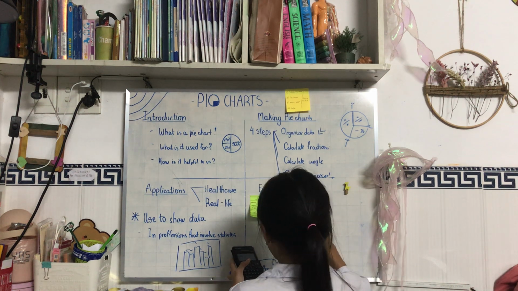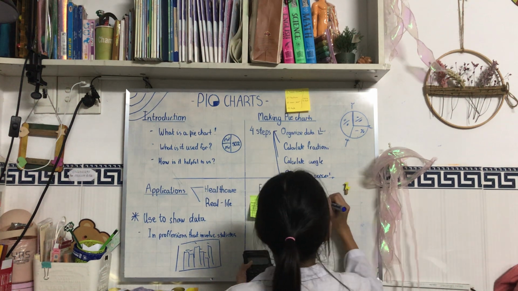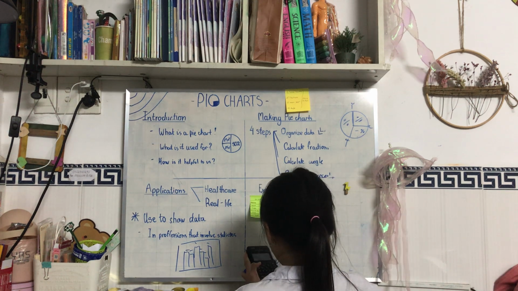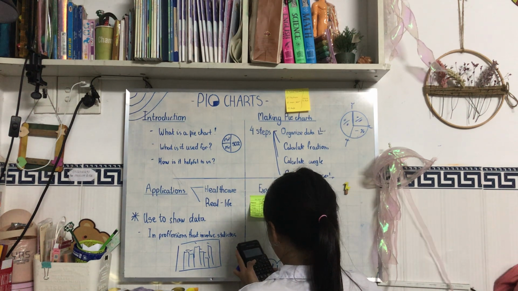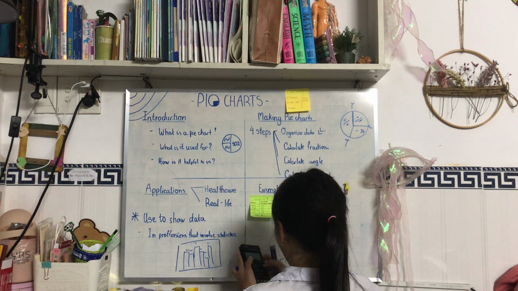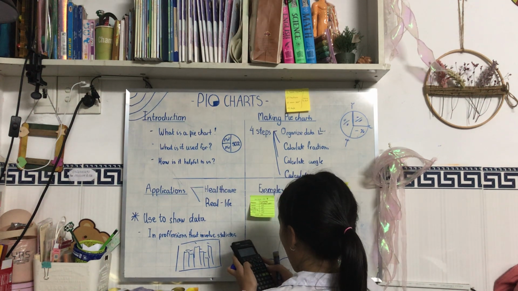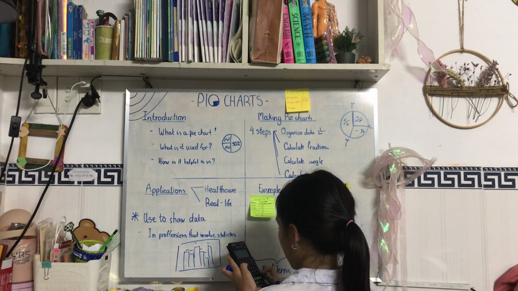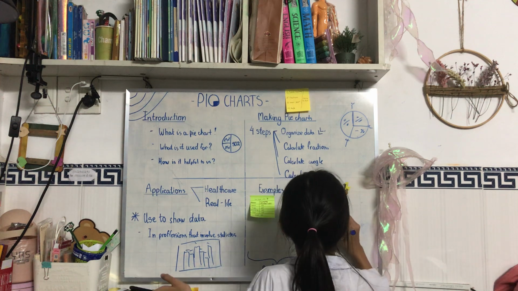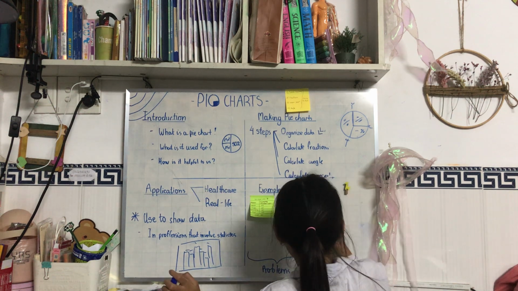This will equal 90. 20 over 100, then we will multiply by 360. This will equal 72. And the last one, 10 over 100 times 360. This will equal 36. That is all the angles that we have.